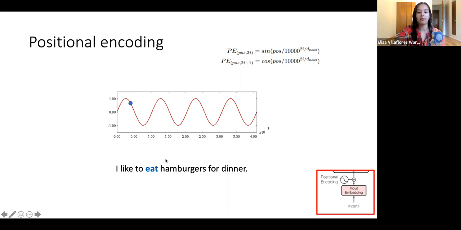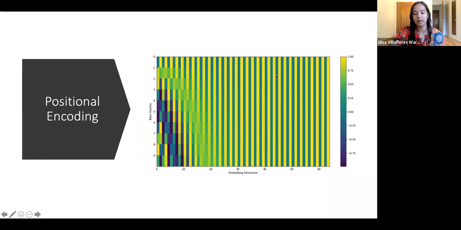The abstract concept of this would be something like, if we imagine the position of this word, we would be able to find that, for example, hamburgers was closer to eat in the sentence than the word dinner. That's kind of an abstract way to look at it, because it actually looks more like this. If you graph the positional encodings from the paper for 10 different positions, this is a visualization of what the positional encoding would look like.